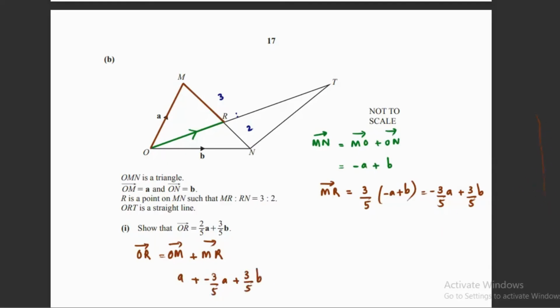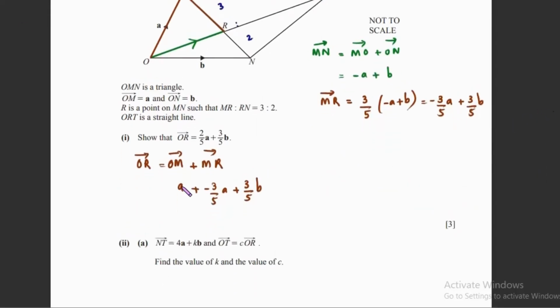Now I'm going to simplify this by combining all the like terms together. So in this case, I can combine A with this negative 3/5 A. So A has a whole number of 1 in front. That means both the numerator and the denominator will be 1 and 1. I can multiply both by a 5, so it becomes 5 over 5.